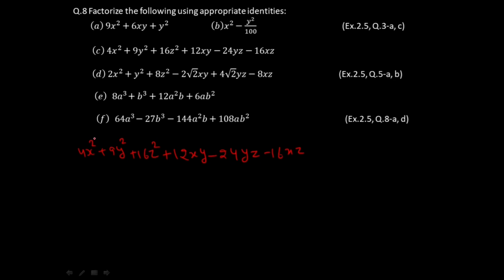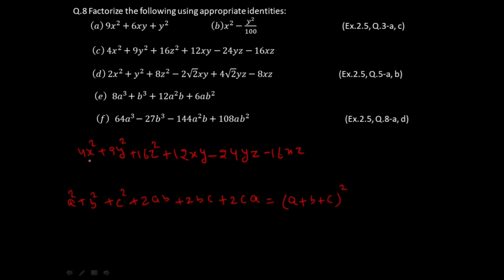If I convert this into a perfect square, this is a square plus b square plus c square plus 2ab. Yes, this question can be solved with that identity. What was that identity? That was a square plus b square plus c square plus 2ab plus 2bc plus 2ca, equal to (a plus b plus c) whole square.